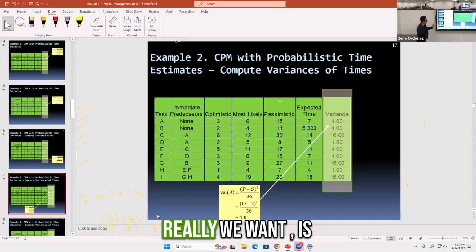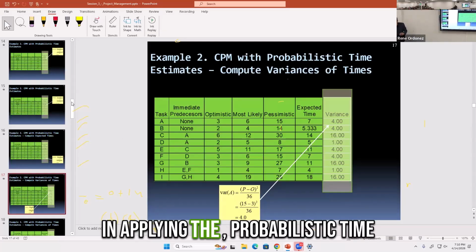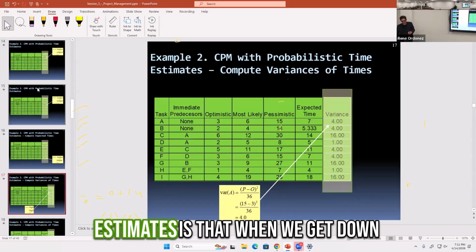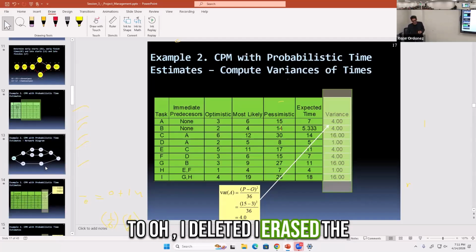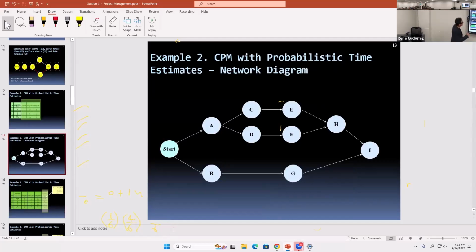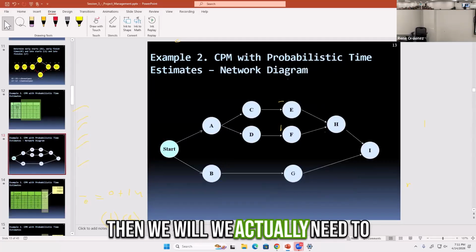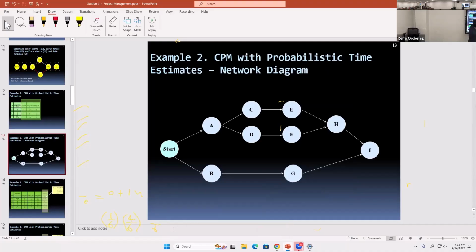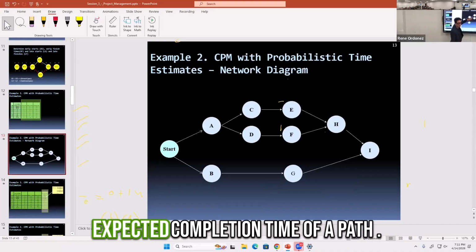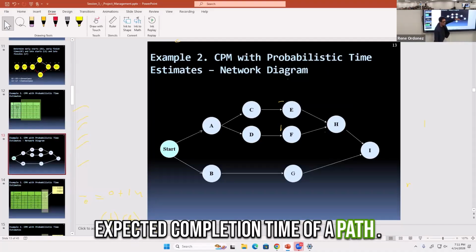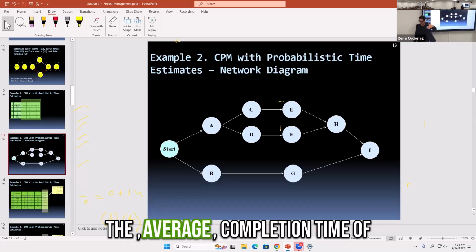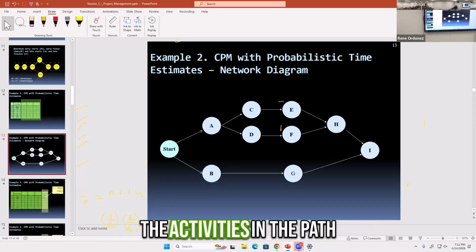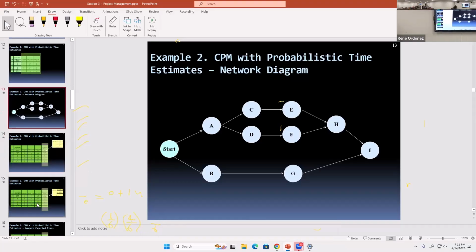Now, in applying the probabilistic time estimates, what we really want is to compute the expected completion time of a path. You do that by adding the average completion times of the activities in the path.